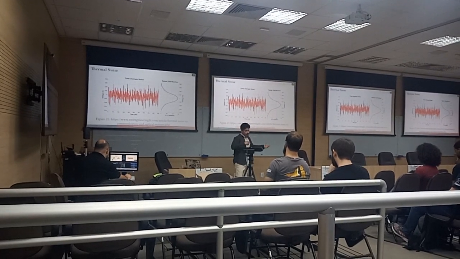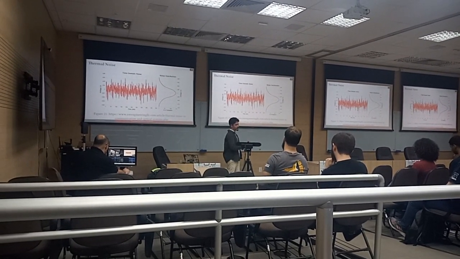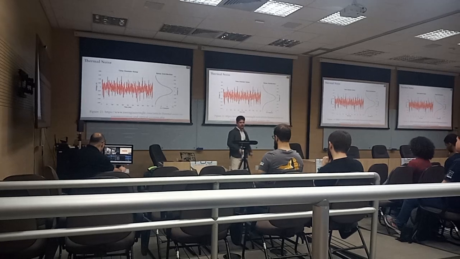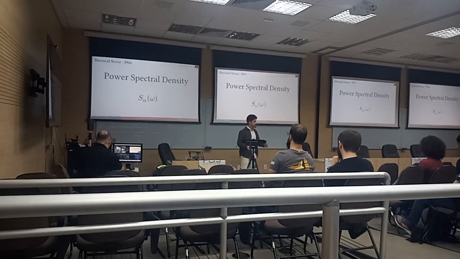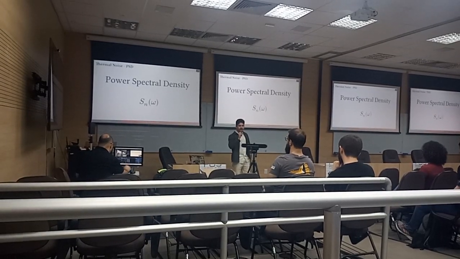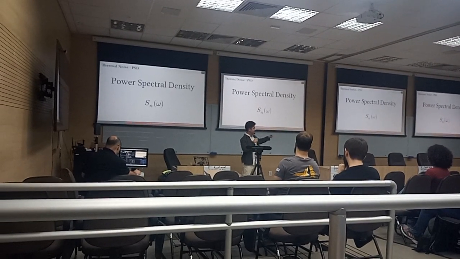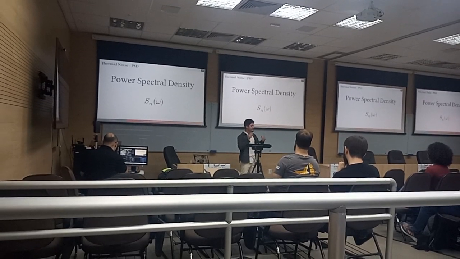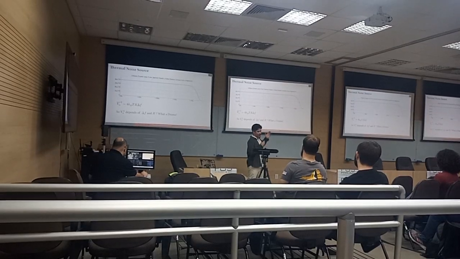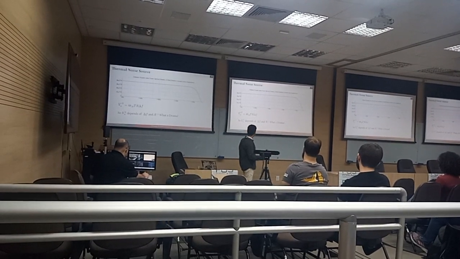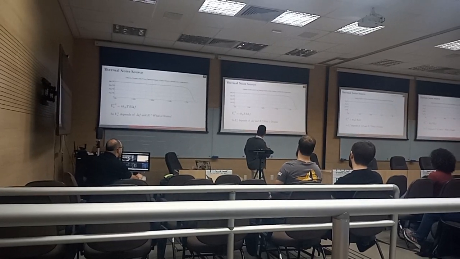So the idea is to measure the noise, but the mean of the noise is 0. How can we do this? We need to look at the power of the signal, the power spectral density of the signal. You don't need to know the math of this, just know that this is the power of the signal. And looking at this, we have a value we can measure, and the most important thing is that it's related to the Boltzmann constant. Einstein was right after all.